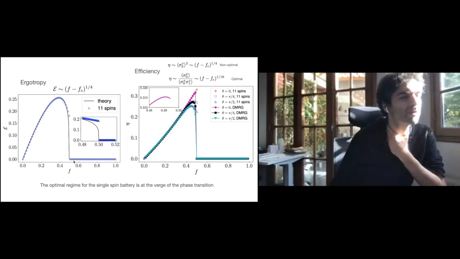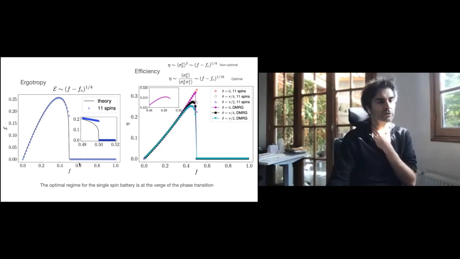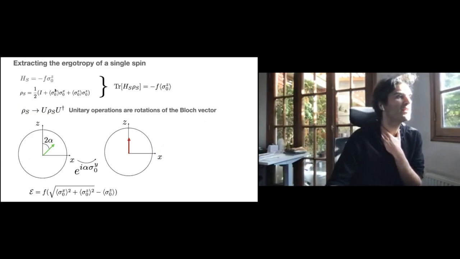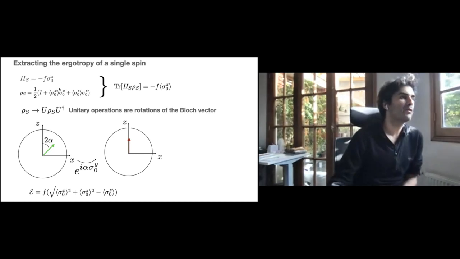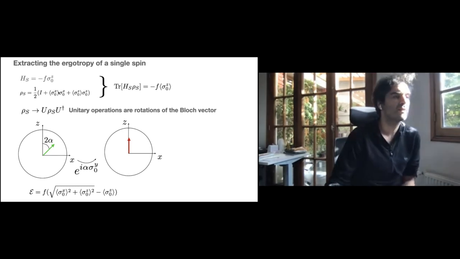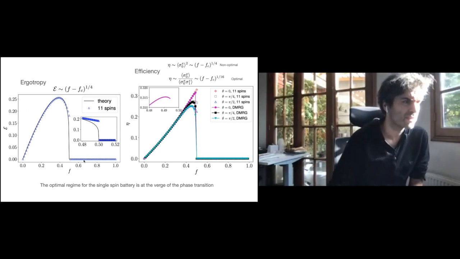There is no ergotropy for f bigger than 1/2, because for f bigger than 1/2, there is no component in the x direction of the magnetization. So the state is passive if this is 0, and this is 0 in the ground state when f is larger than 1/2. So this explains this part.